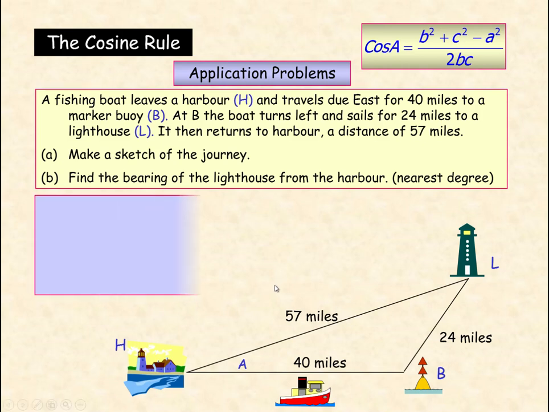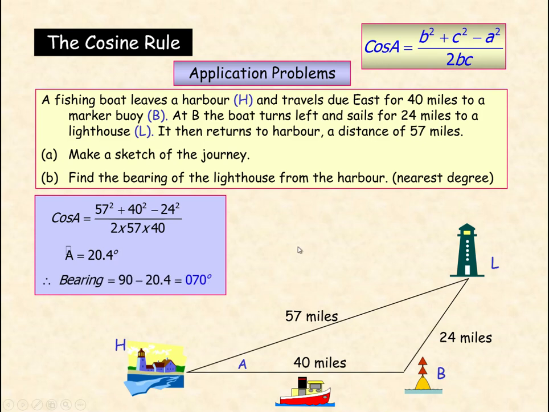And what you should have, find cos A. So A you should find as 20.4 degrees. Once you've found that, then you should be able to find the bearing of the lighthouse from the harbour. So if you draw a north line here, you'll be able to see that's the angle we're looking for.